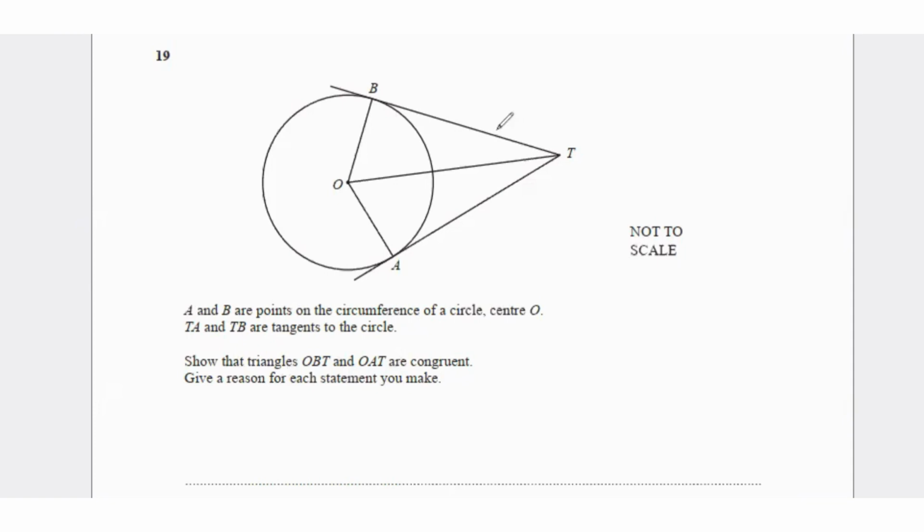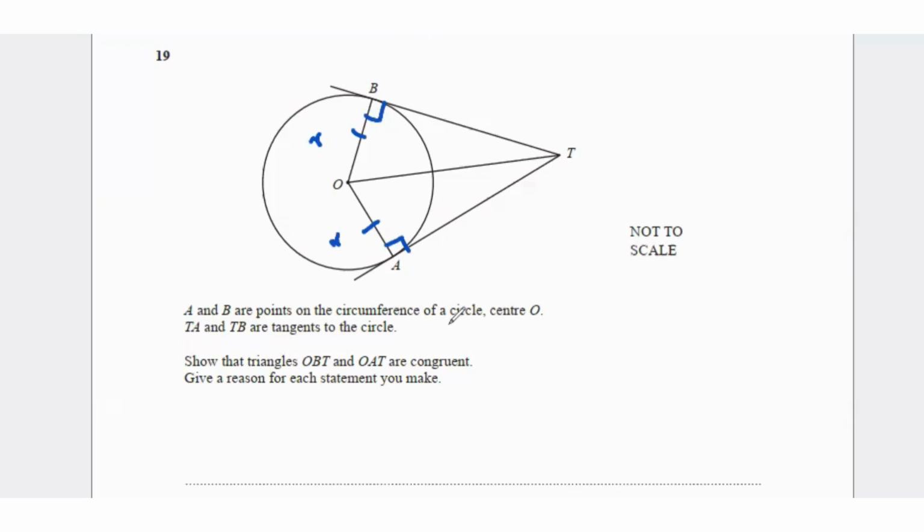So first you need to remember that OB and OA are going to be equal because they're coming from the center and going towards the circumference. So this denotes your radius. Secondly, whenever a tangent is touching your circumference and your radius is also touching that tangent, the angle they make will always be 90 degrees.